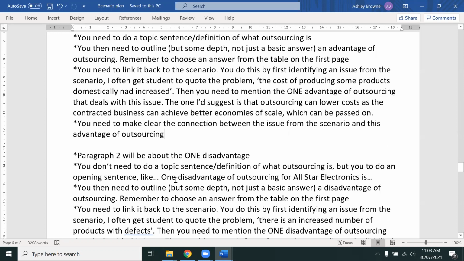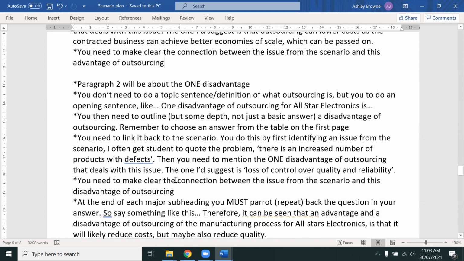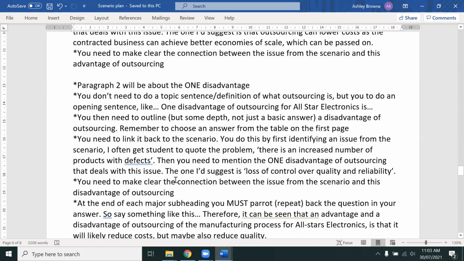See how it's not real simplistic? And I want you to be talking about the name of the business, and talk about the fact that the computers could be outsourced, the manufacturing of computers and other electronics. Don't not be specific. Be specific. Talk about what the business does. Show the marker. You're not just regurgitating an answer.